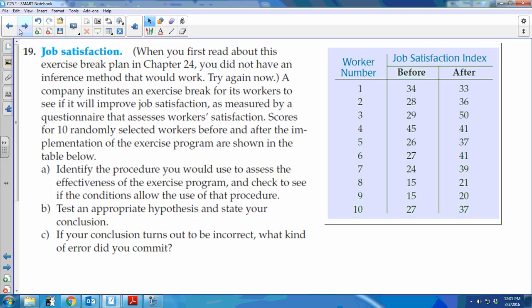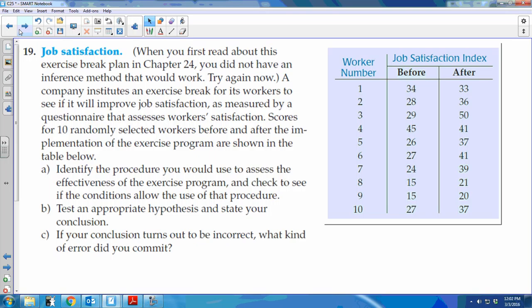Scores for 10 randomly selected workers before and after the implementation of the exercise program are shown in the table.